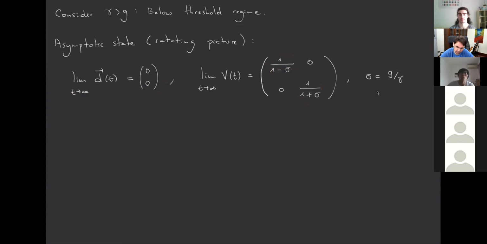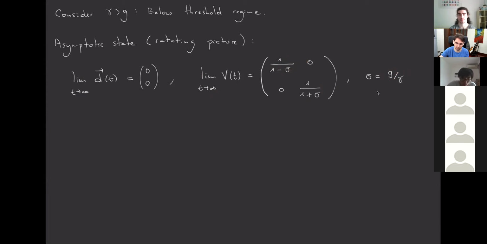And in particular, you see that when there is no down conversion, so when G is equal to 0, so sigma is equal to 0, this is just the covariance matrix of vacuum, which is already what we knew. If you are not doing anything on the system, it remains in the vacuum state, or after it throws away all the photons because it's an optical cavity, then it goes to the vacuum state.